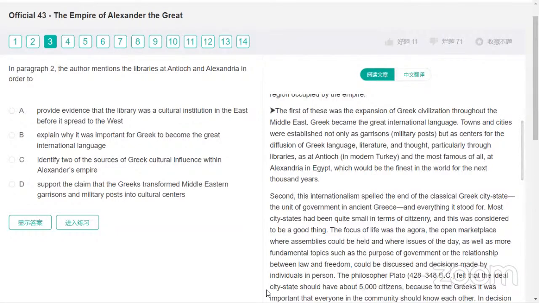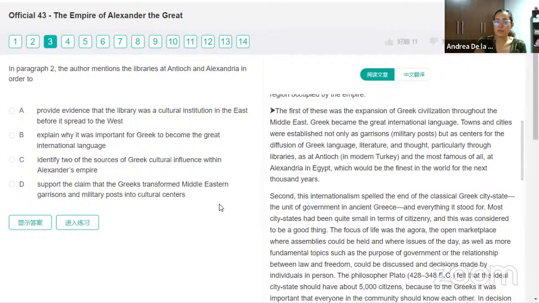I think it's letter C. Okay, letter C. Identify two of the sources of Greek cultural influence within Alexander's time.